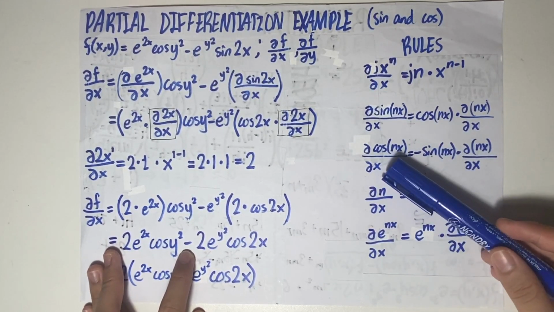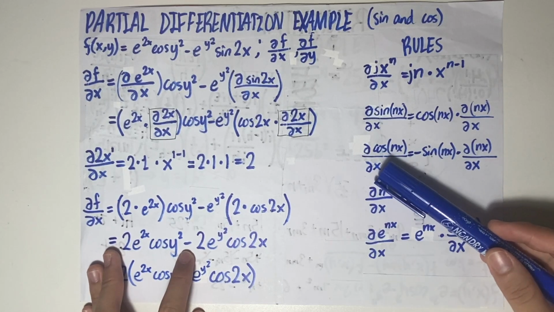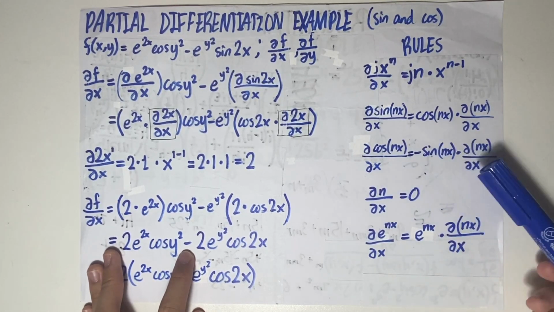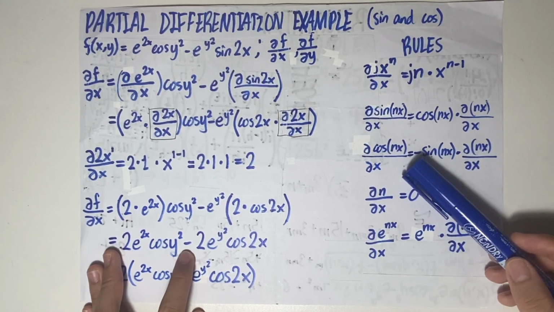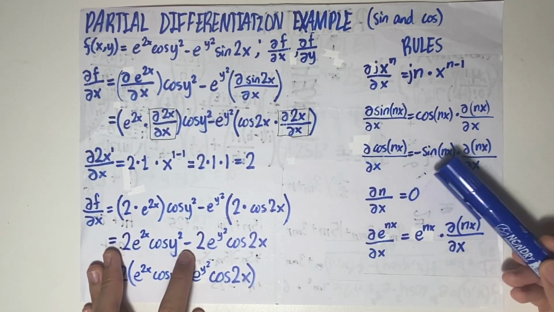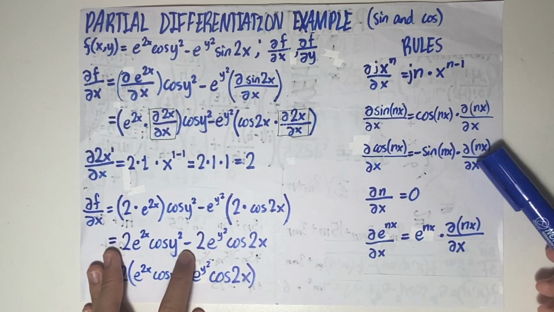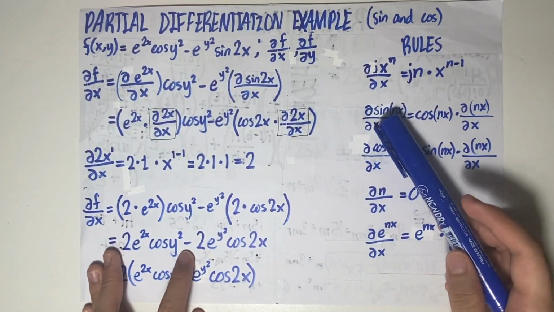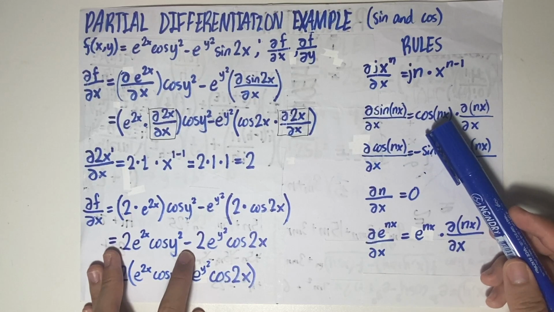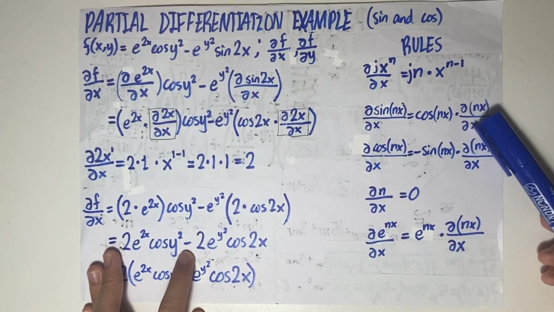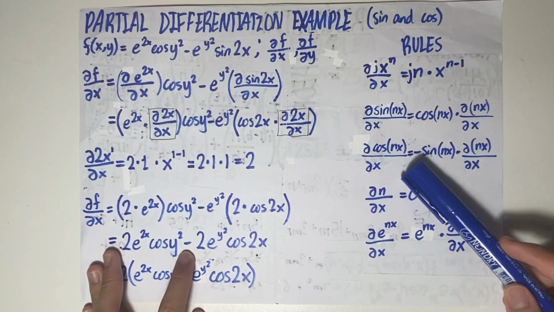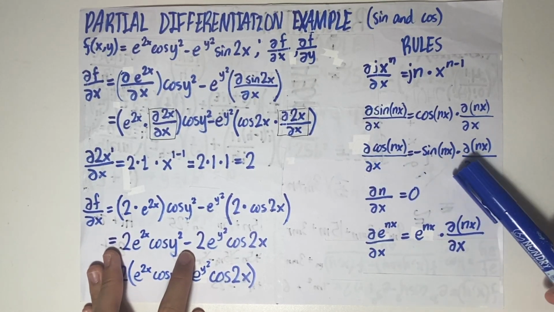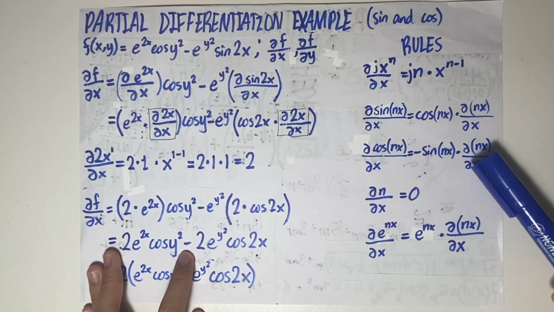Continuing onward, we have the derivative of cosine nx. Again, this is another rule you would simply need to remember. We get negative sine nx times the derivative of nx. So the derivative of sine nx is cosine nx times the derivative of nx, but the derivative of cosine nx is negative sine nx times the derivative of nx.